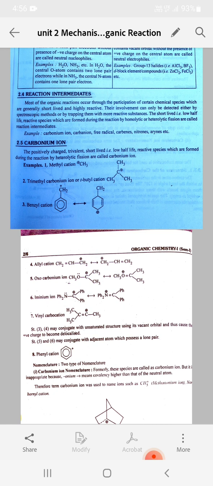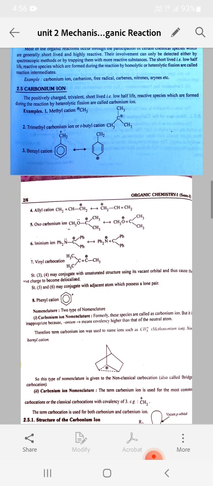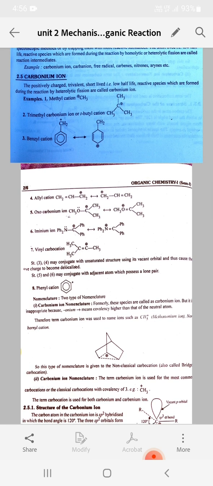Okay, moving further, there are two types of nomenclature. Carbonium ion nomenclature: formerly these species were called carbonium ions, but it is inappropriate because 'onium' means covalency higher than that of the neutral atom.